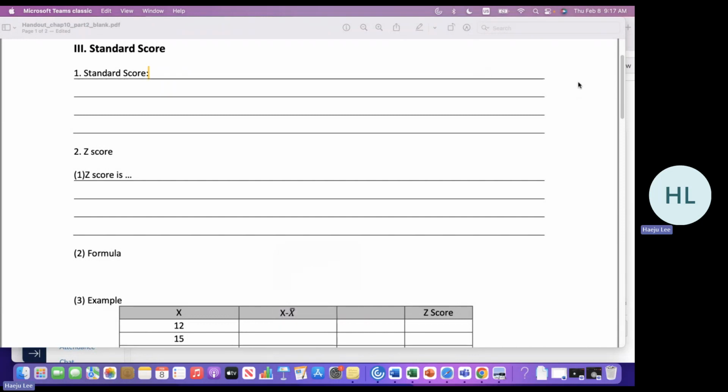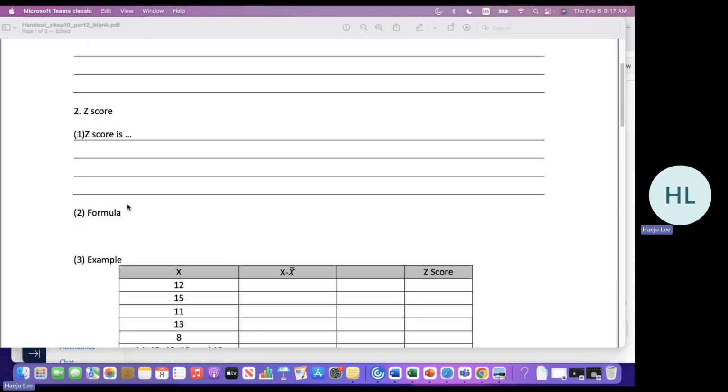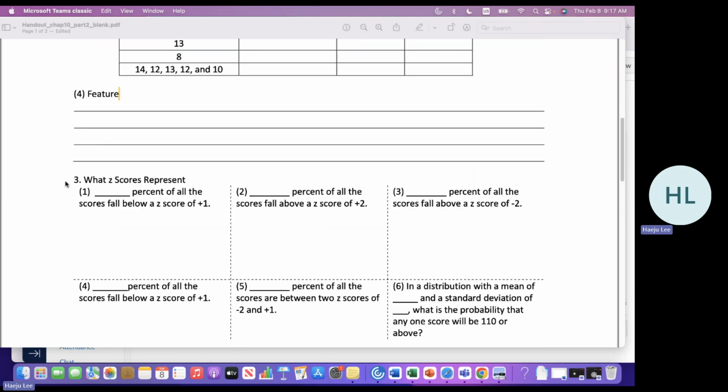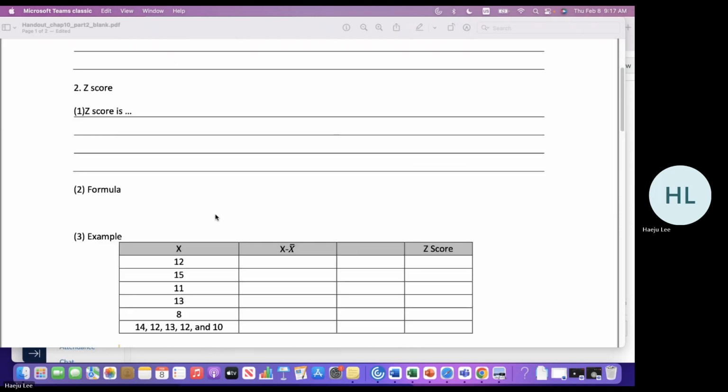Hi everyone. We are going to talk about standard score, in particular G-score, and how to compute the G-score using one problem.